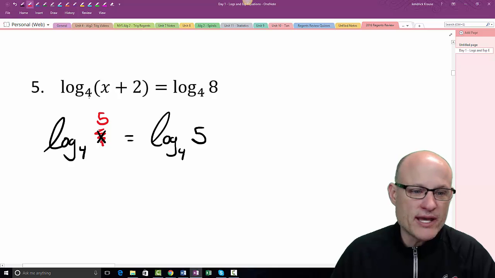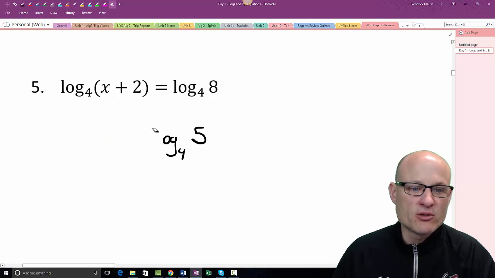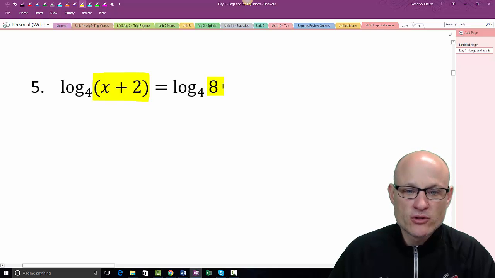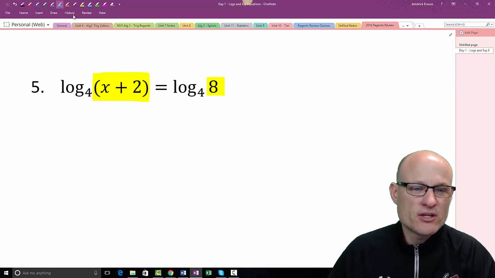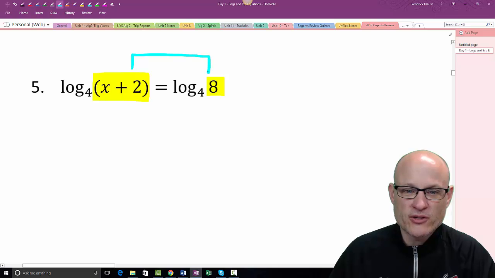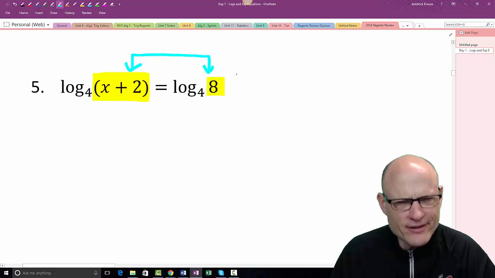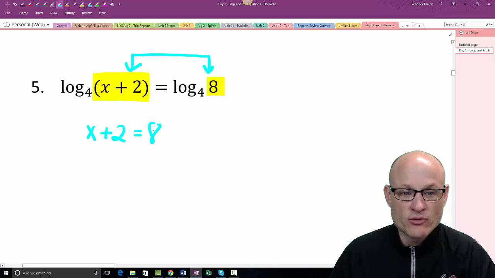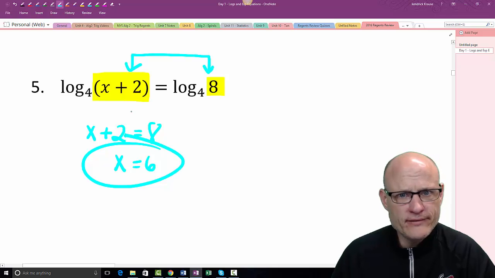Well, that's exactly what we have here, just in a little more difficult format. Take a look. What I have is log base 4 of this equals log base 4 of 8. Those things have to be equal to each other, don't they? It would make sense. So I just get x plus 2 equals 8, or x equals 6. That's it.